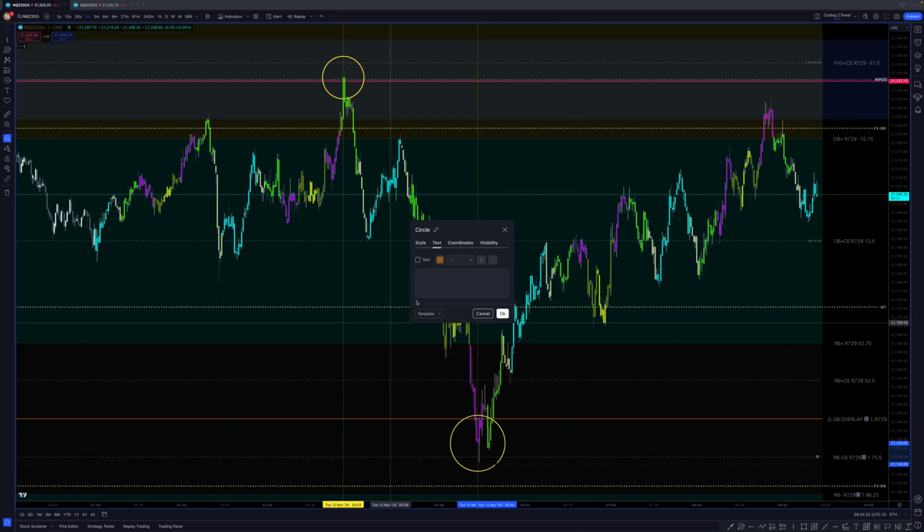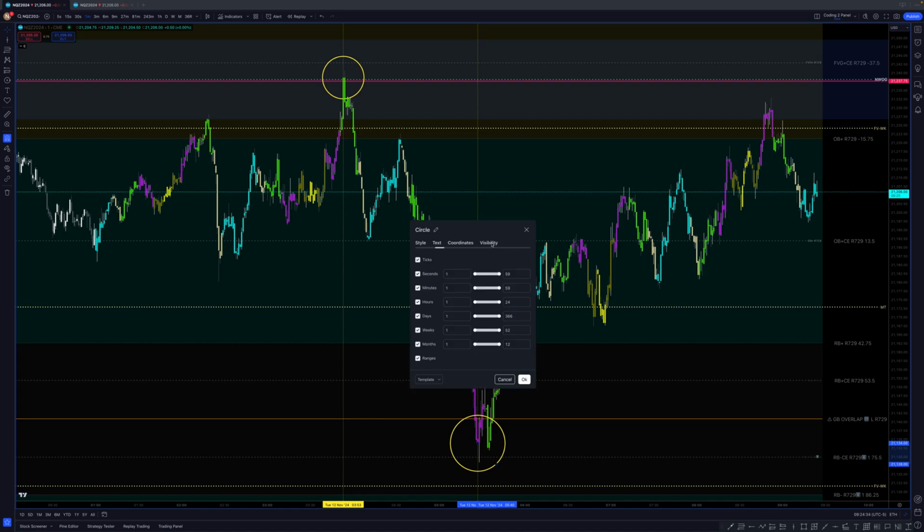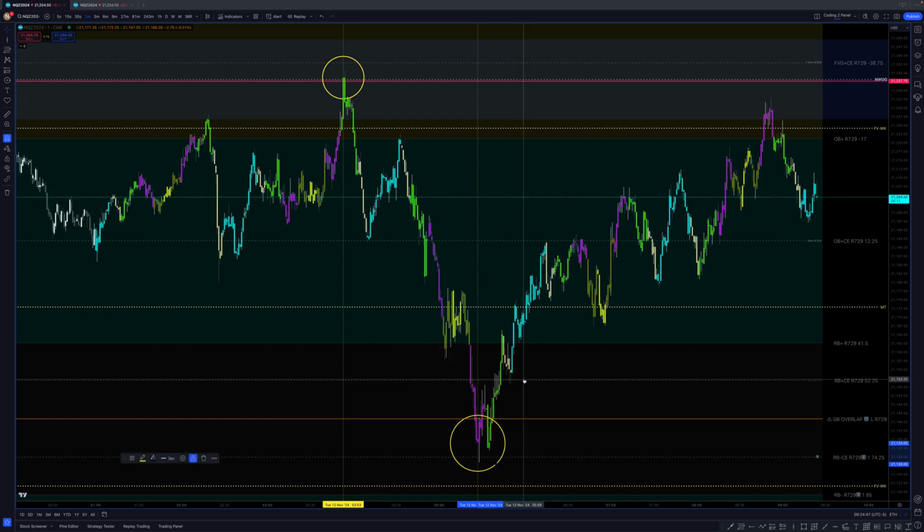I'm gonna crank these a little bit. Settings, because I don't want to see them on all the minutes. Matter of fact, I don't want to see these any higher than 6 minutes. So let's do the same thing up here. I just try to keep my charts as clutter-free as possible, especially when I go up to higher time frames on this chart.